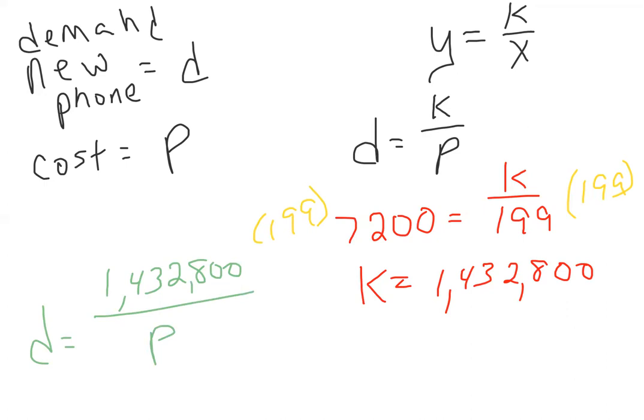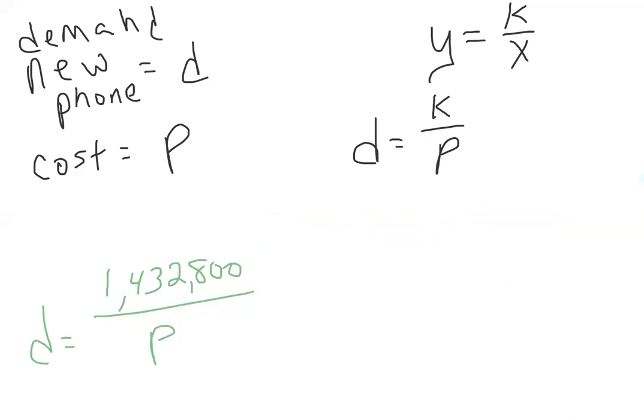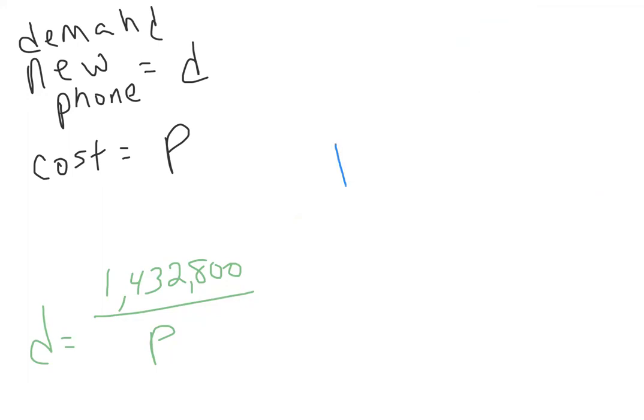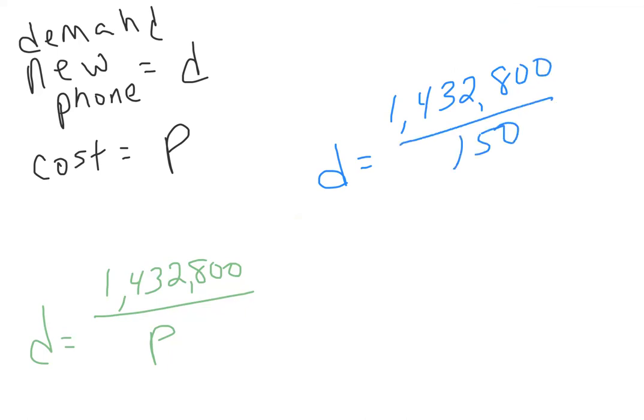That's part A. Part B wants us to solve for what would happen if the price was decreased to 150. Well, I'm going to erase a little bit. Hopefully you don't need this anymore. So if the price is 150, means I plug in for the P, and solve.